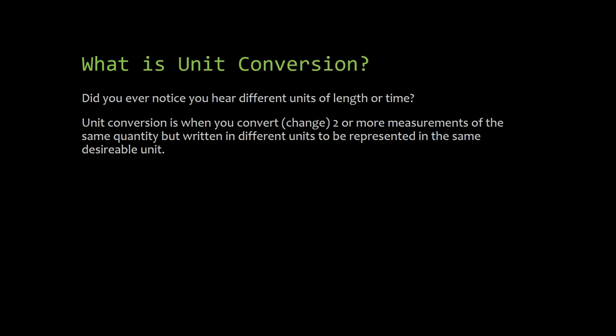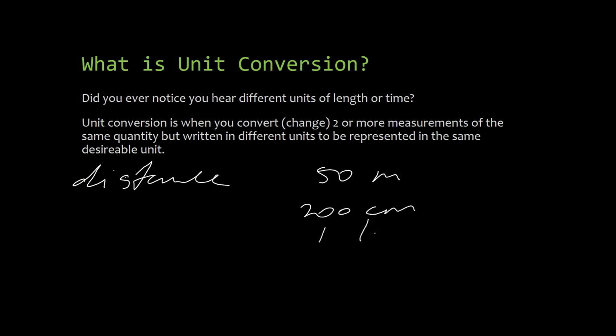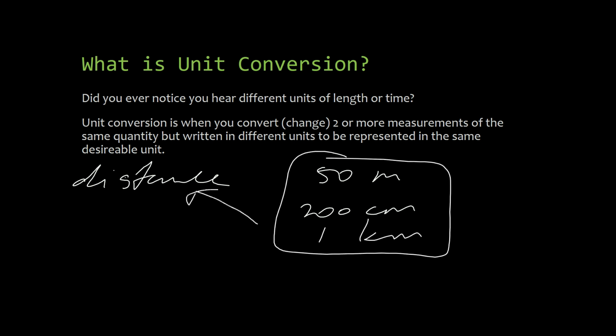Another objective of this lesson is to help you compare units by simply doing unit conversions. When you do a unit conversion, it's usually to convert one unit to another unit that you desire. Say, for example, you have multiple measurements of something in distance. So let's say we have distance that we're measuring, and we have 50 meters, we have 200 centimeters, we have 1 kilometer, and we want to be able to compare these units together since, after all, they all measure distance.